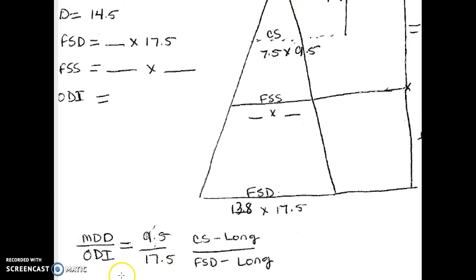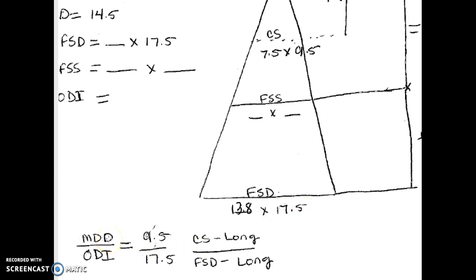Now, remembering that we have similarity with triangles, we can use that information in finding this height of the ODI plus the 14.5 centimeters by utilizing what we know: the collimator setting of 7.5 by 9.5 and the field size at depth length of 17.5.